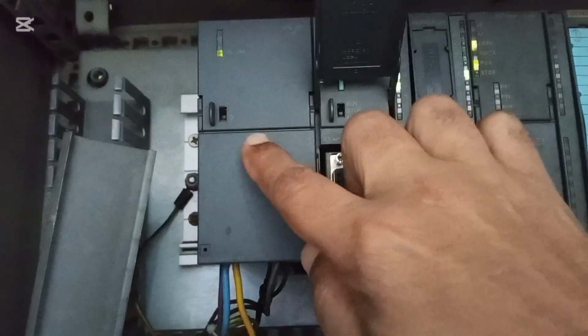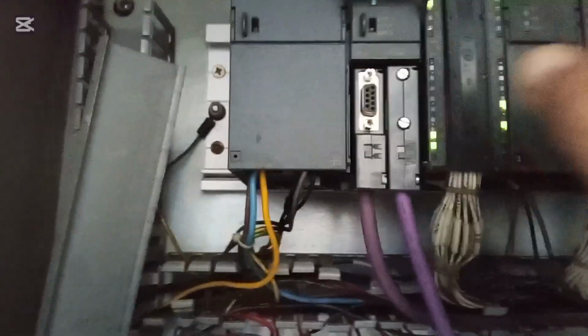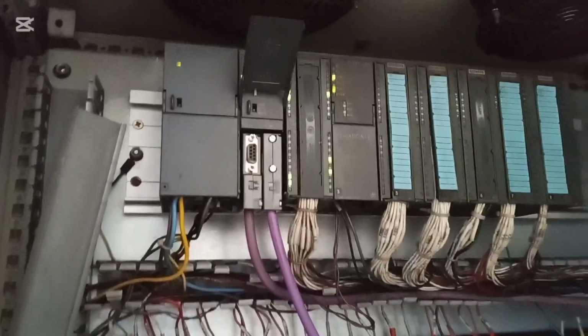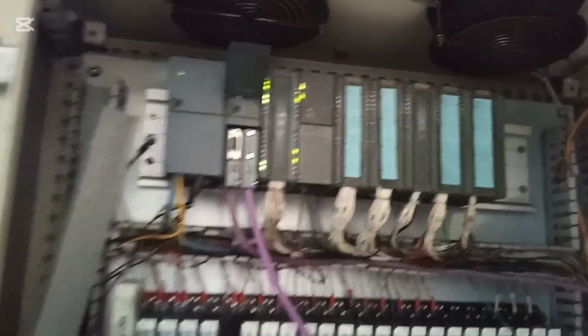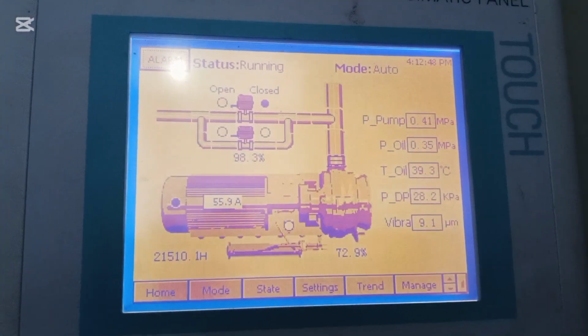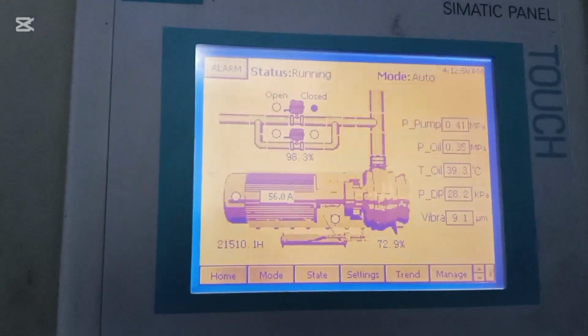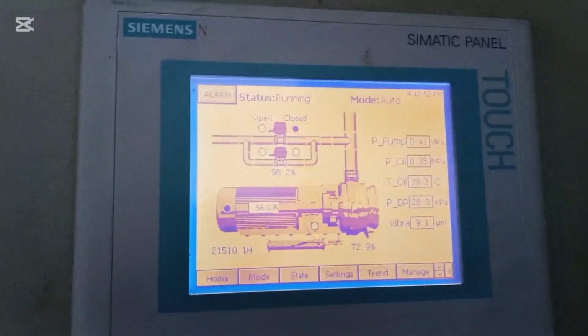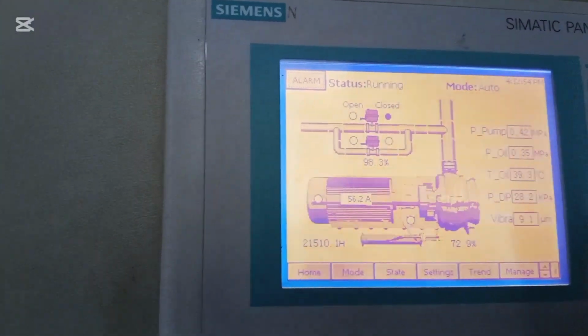We switched the power supply off and on, and the PLC restarted. But when the PLC started, we again saw that the HMI was in its initial hang state, and it was not possible to change anything.